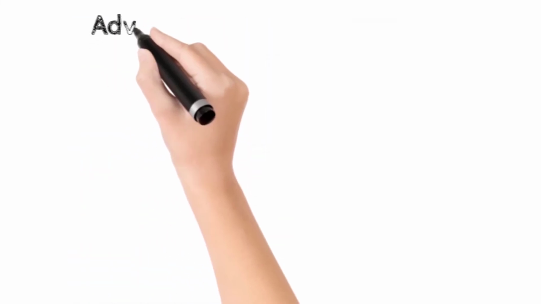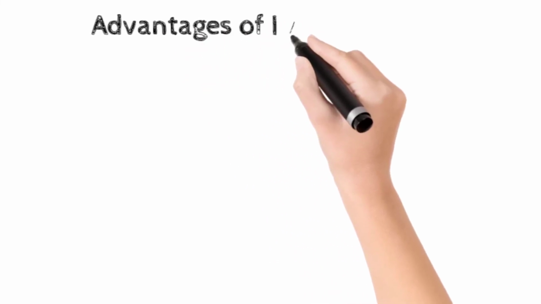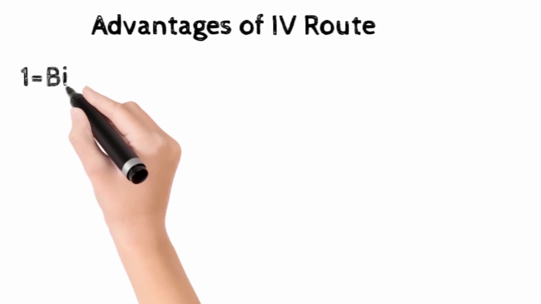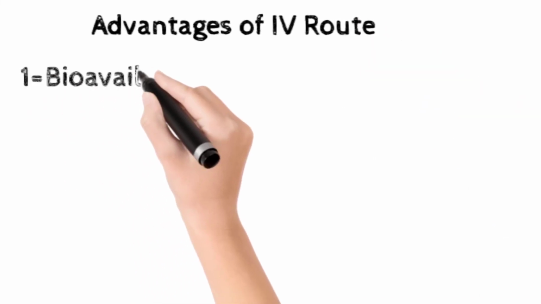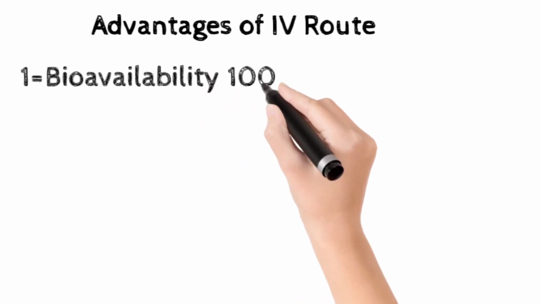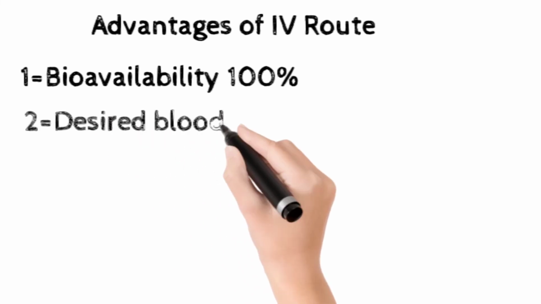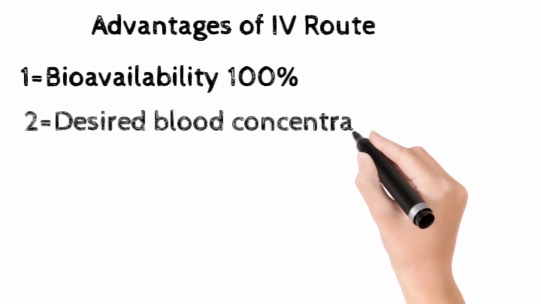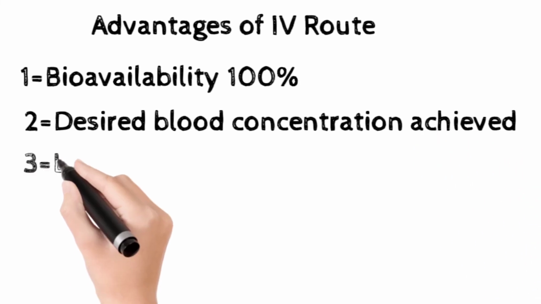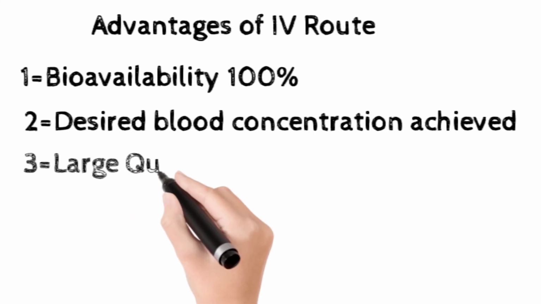Now come to the advantages of the IV route. The first advantage is that the bioavailability of the intravenous route is 100%. Second, the desired blood concentration can be achieved because we can give a large dose.